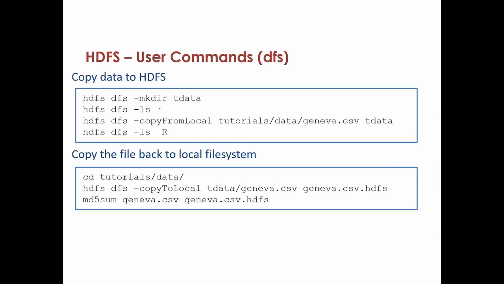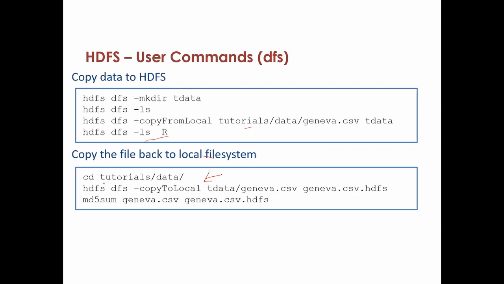It has commands for creating a directory, commands for copying data from the local file system to the HDFS directory, and this is for recursive writes, recursive listings of directories, and then you can also have commands for copying data from HDFS back to the local file system.